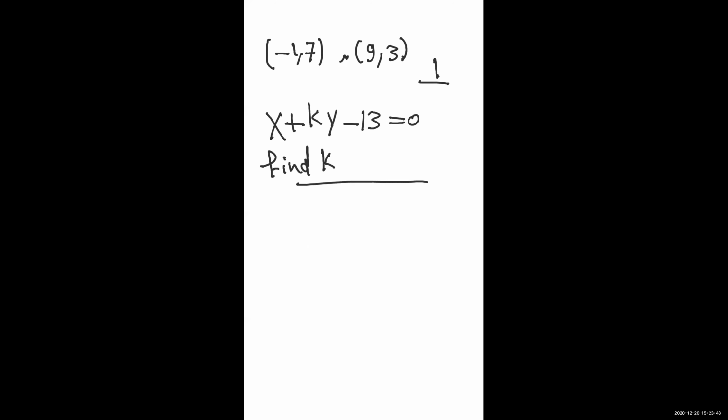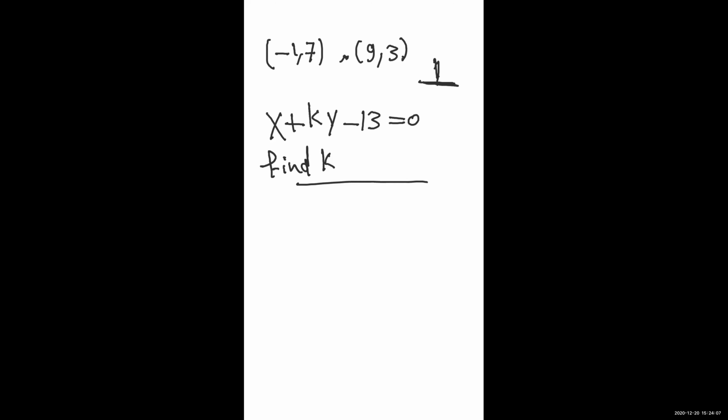Okay. First, guys, we said before that if two straight lines are perpendicular, the product of the two slopes will equal negative 1, right? So in this question, we are going to get the slope of the first line, which passes through these two points, and the slope of the second equation.